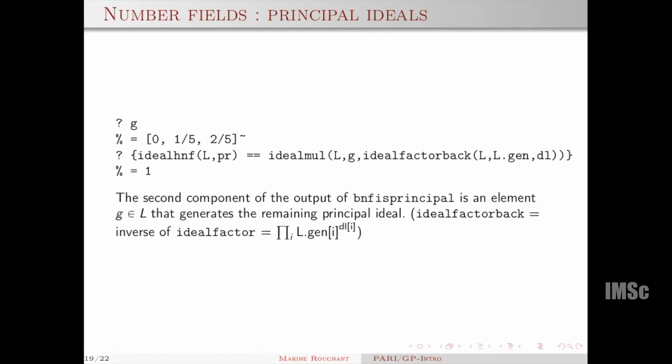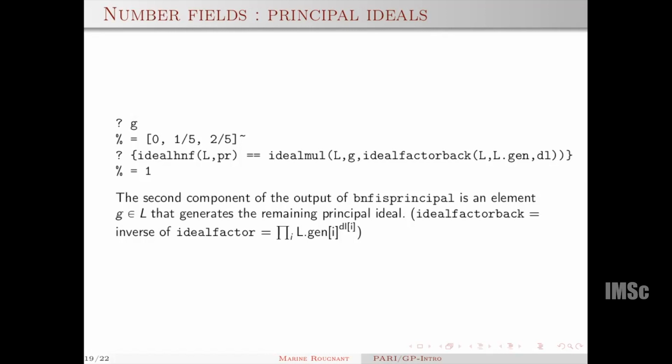And if I look at the HNF matrix of my ideal, I can see that this is exactly the same thing as multiplying J, so this one, with ideal factor back of this.